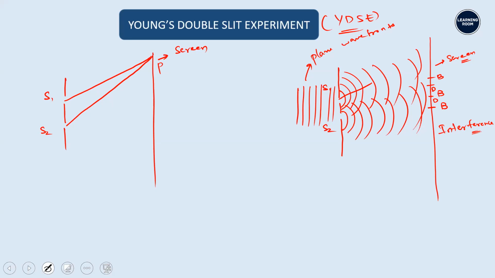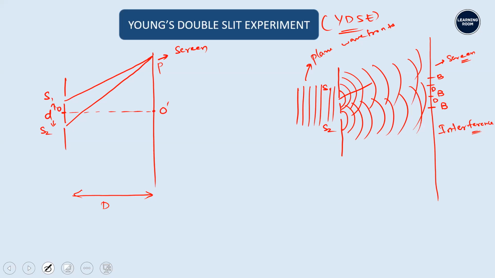These are all the experimental measurements that we are going to take. The distance between both the slits, we will take as small d. The distance between the slits is taken as small d, and the distance from the slits to the screen is taken as capital D. Now, if I take the midpoint of these two openings as, let's say, O, and from here I drop a perpendicular, I'll call this point O dash.